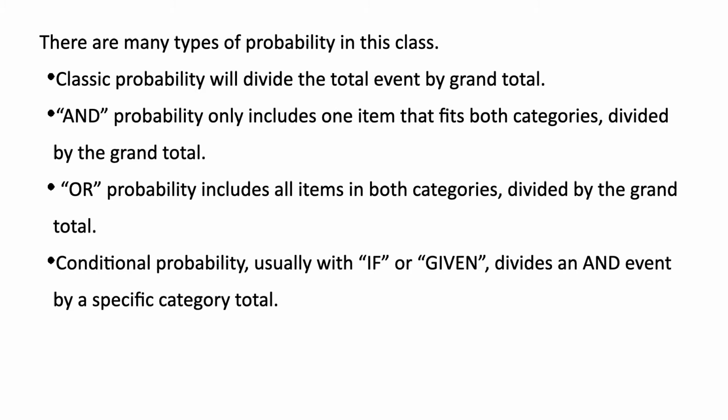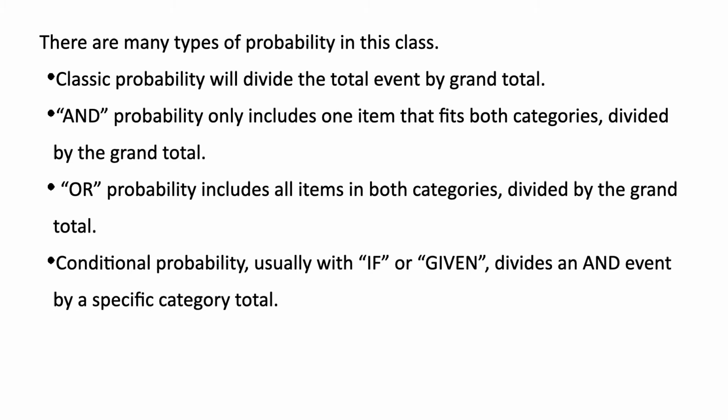I don't want anything. So it has to be both of them. Or is also a little bit different than the way we use it in everyday language. Or sounds like it's one or the other, and that's usually how we mean it in everyday language. But in math class, or means one or the other or both. We'll get into that with the examples.